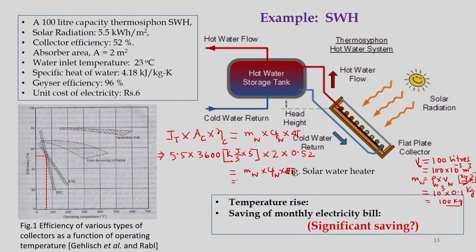So, this is known to you now. This MW will be 100, and CP, the specific heat of water, is 4.18 kilojoule per kg per degree Kelvin.